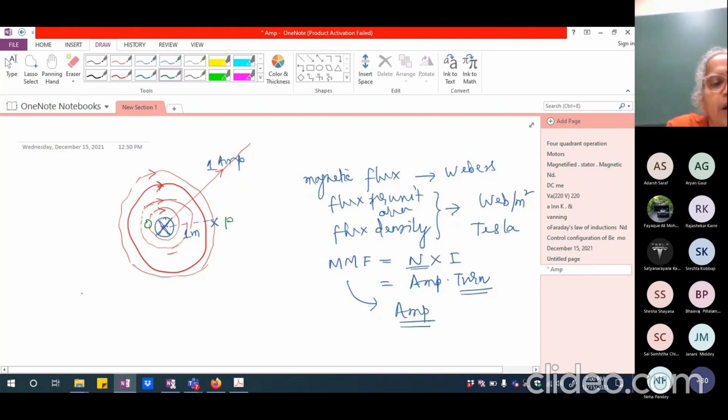At P, the flux density, let us say, is B Weber per meter square.